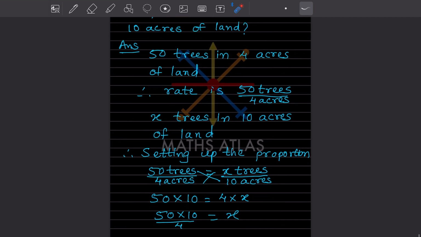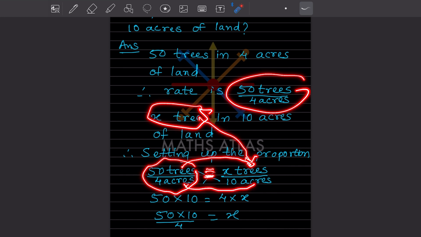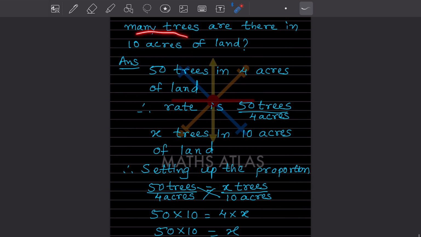So how will you set up the proportion? This is 50 trees by 4 acres, and whenever it is a proportion, you put the equal to sign. See here, this is trees, so here also should be trees, and what we have is X trees, so that should be on top. And acres is here, so this also should be acres. And how many acres is that? That is 10 acres. So hope this equation is clear to you.